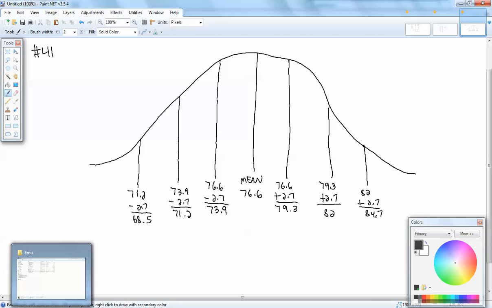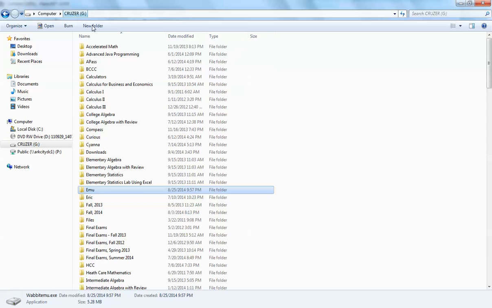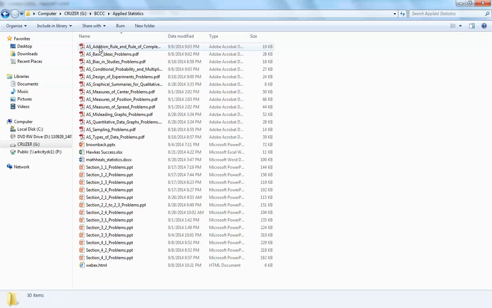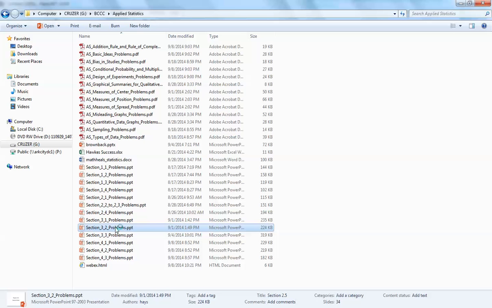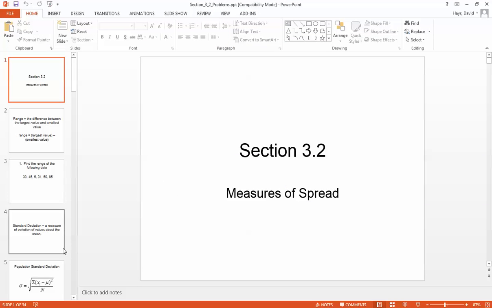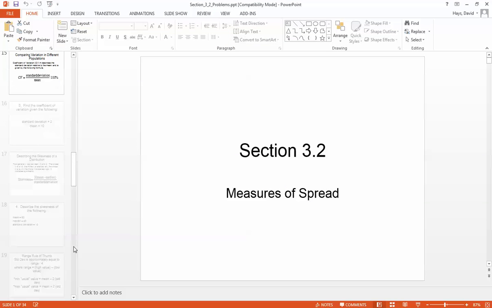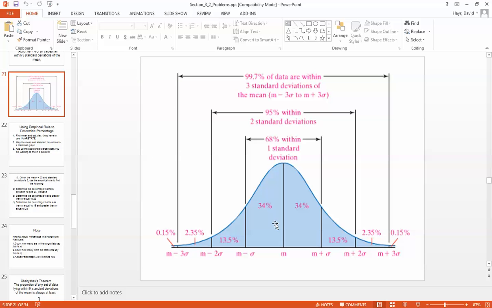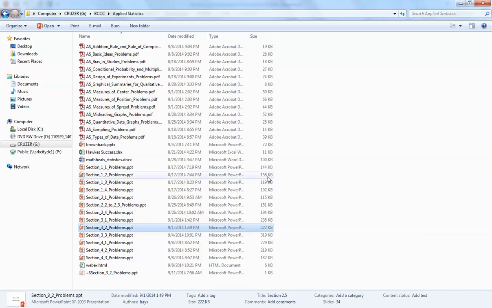Okay, now we got to fill in our percentages. Let's see. Bring up the chart here. There it is. These are our percentages. So you see here we got 34 and 34.